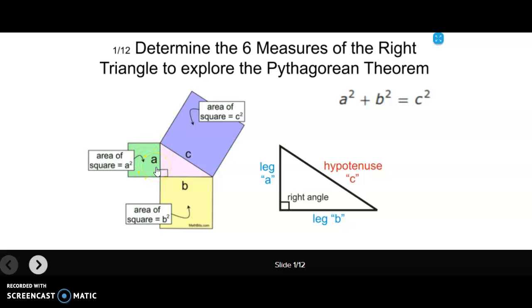I'm going to say 2 times 2, which would be 4. So A squared would be 4. If my side B, if my length was 3, I'm going to square it. So it's going to be 3 times 3, which would be 9.